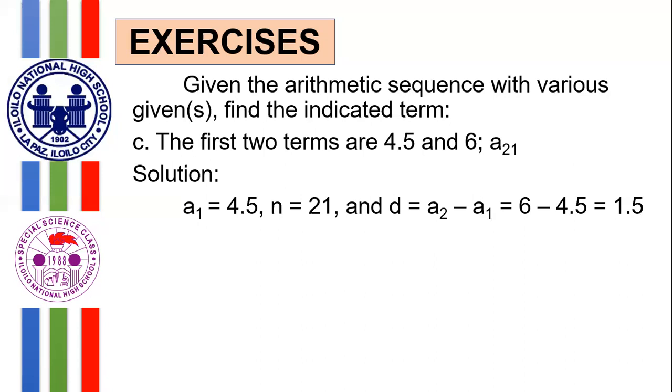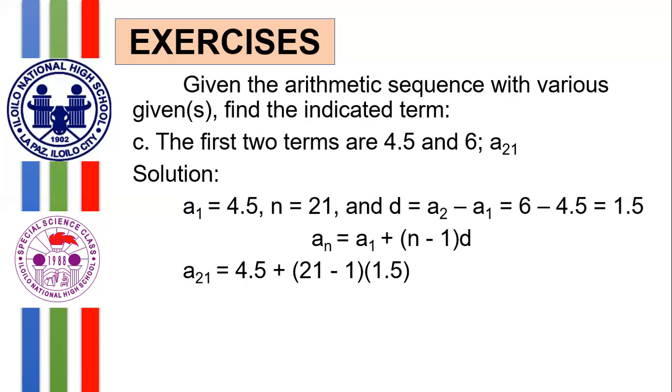Since we now have the values we need, we can substitute them into the explicit form, which is A sub n equals A sub 1 plus the quantity n minus 1 times d. That gives us A sub 21 equals 4.5 plus 21 minus 1 times 1.5. If you wish to have fractions like 3/2, go ahead. It's your choice.